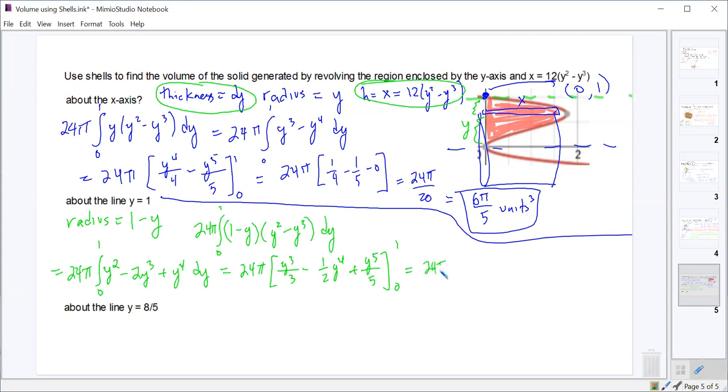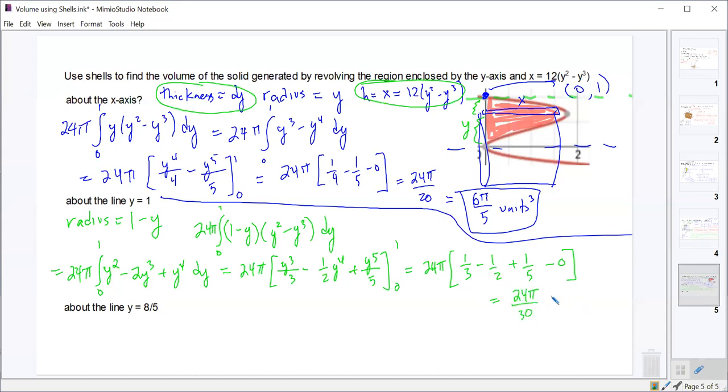We get 24 pi times 1/3 minus 1/2 plus 1/5 minus 0. And what's our third? 1/3 minus 1/2 should give us what? Negative 1/6. So we've got 1/5 minus 1/6, which ought to be 6/30 minus 5/30, which should be 1/30.